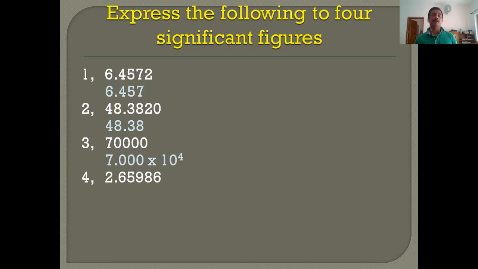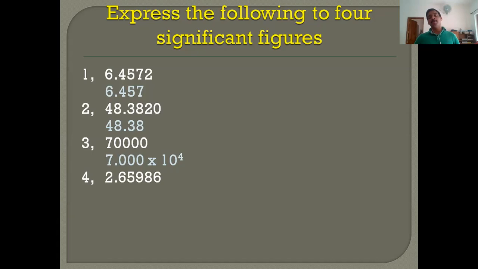2.65986. How many significant figures? 1, 2, 3, 4, 5, 6. So we have to reduce it to 4 significant figures. That means you have to remove the rightmost 6 and preceding 8. But here what is the problem? The 8 is greater than 5.